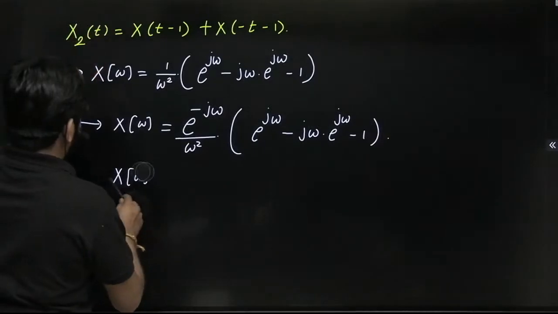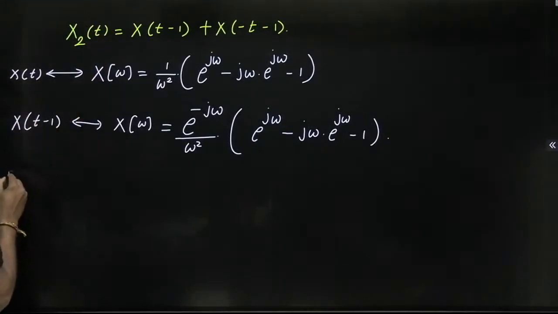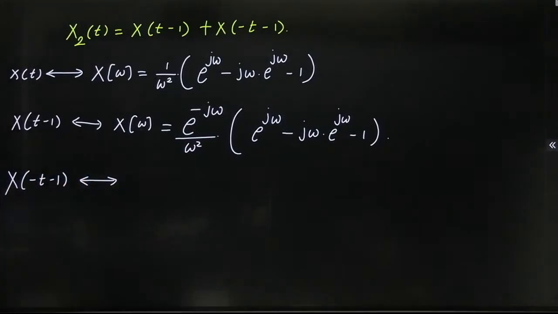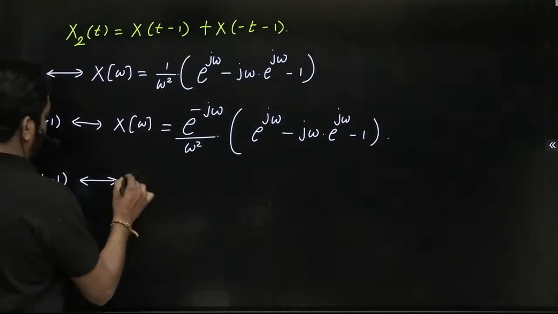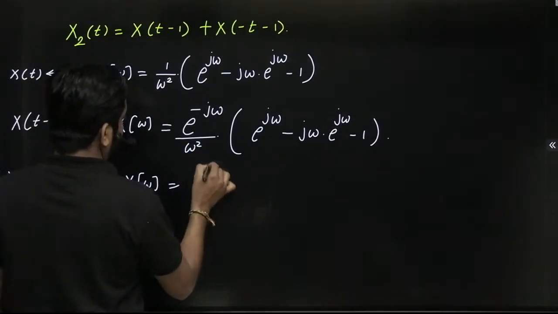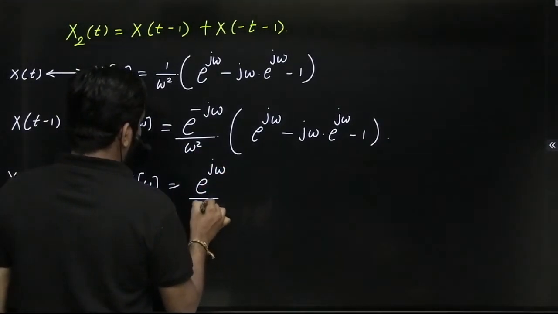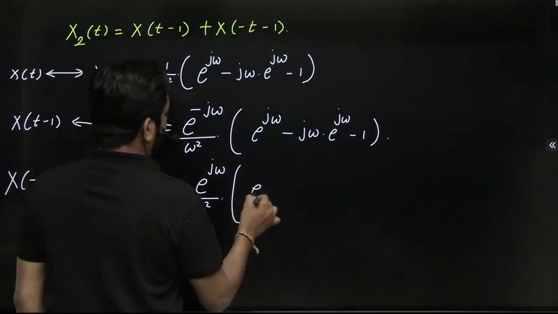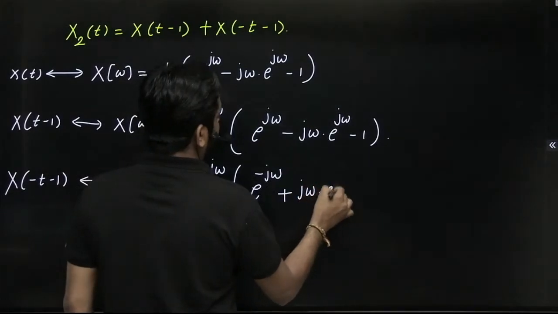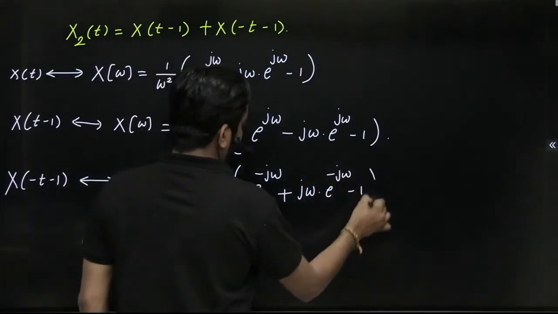Okay. Now next is the Fourier transform of x of minus t. So t becomes minus t, that's why omega becomes minus omega everywhere. So here in this omega becomes minus omega, so e power minus j omega, here omega square into the bracket e power minus j omega, here minus minus plus j omega e to the power minus j omega minus 1, guys.